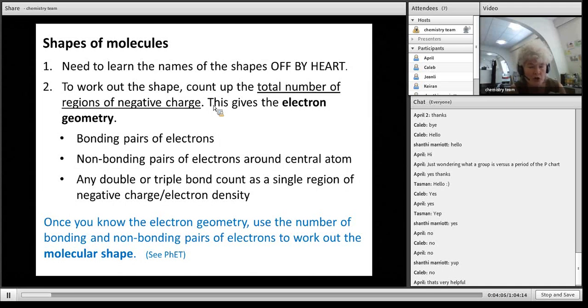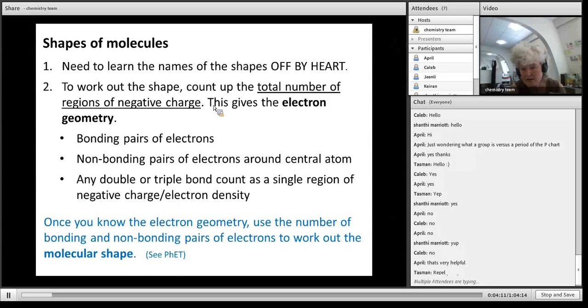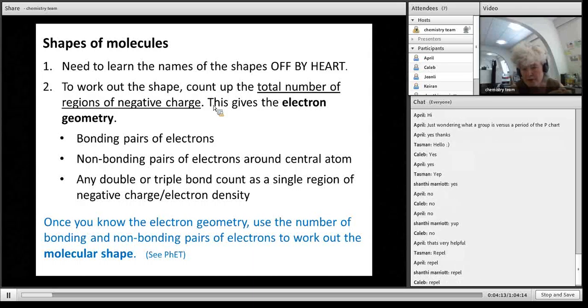Because what do you know about negative charges? Do they repel each other or attract each other? Repel. So if you've got 2 regions of negative charge, they're going to repel each other as much as possible. The furthest apart they can be from each other is if there is 180 degrees between them. So one's on this side and the other one's on that side.